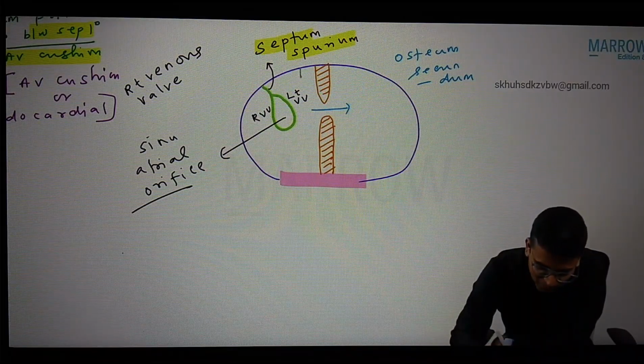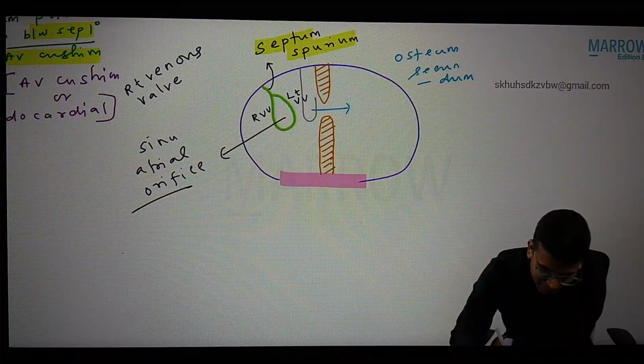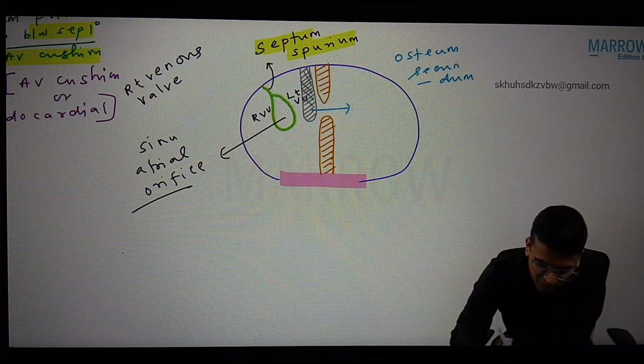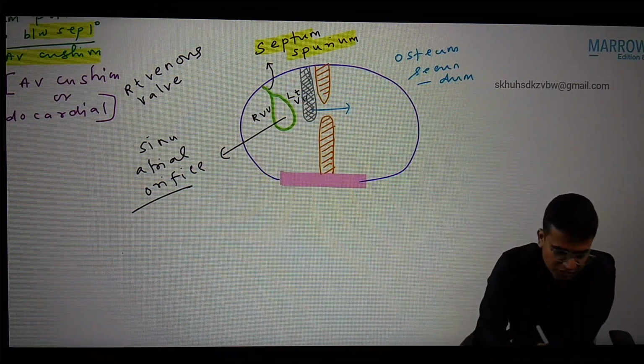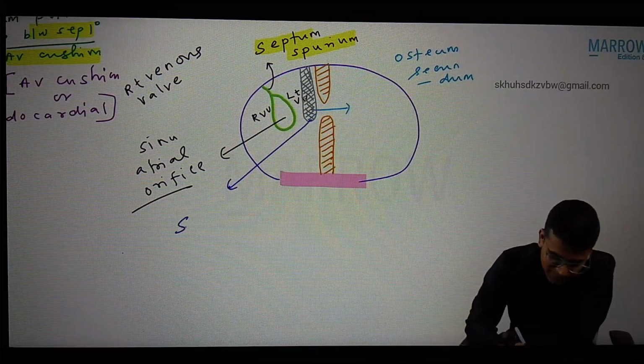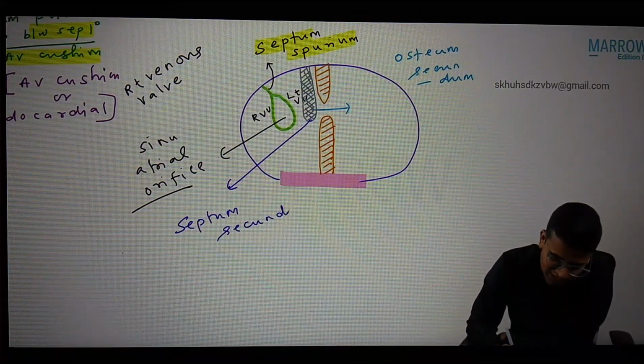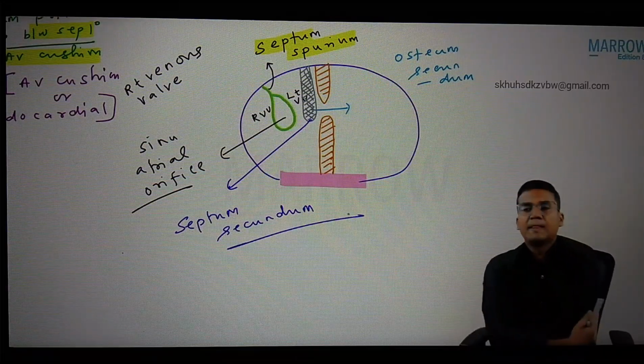The septum secundum will grow down up to the upper margin of the septum primum like this. So a new septum is formed, and that septum is called septum secundum.